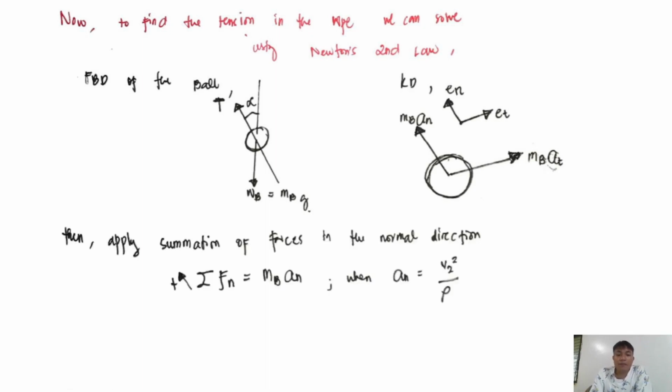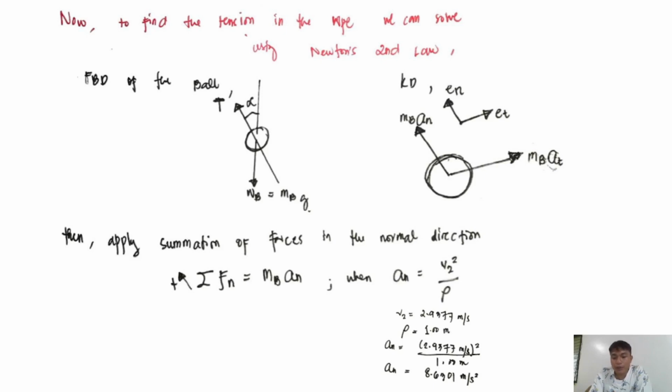Then apply summation of forces in the normal direction. For the normal direction, summation of forces is equal to MBAN, where AN is equal to V2 squared over rho, which rho is equal to R is equal to 1 meter and V2 is equal to 2.9377 meter per second. V2 is the velocity of our sphere at point 2, which we calculated earlier.